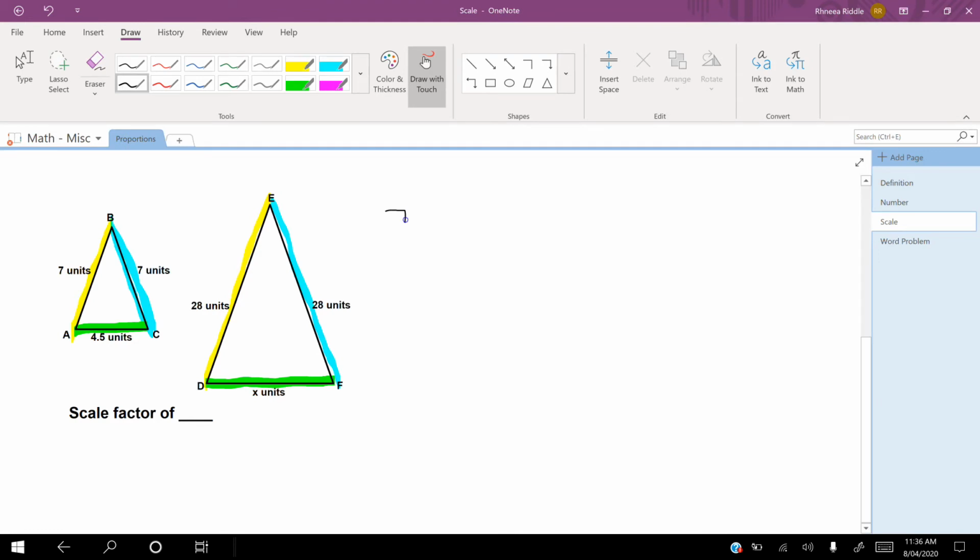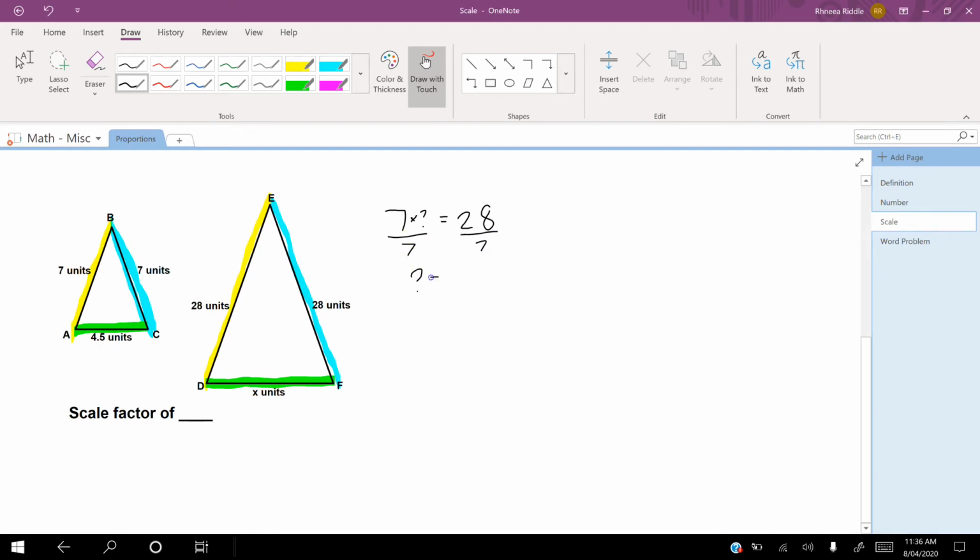So what do we do to 7 to get 28? We know we're multiplying, so we have to figure out what we are multiplying 7 by to get 28. And to undo it, we can divide by 7.